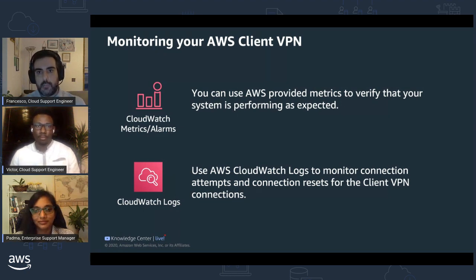AWS Client VPN, as with every other service, offers a full set of APIs, including an API for terminating connections or for adding or removing routes or access to specific groups. And again, depending on what this client has, you could verify with your system that he has the right level of compliance, and then terminate the access if he does not. It is a solution you will have to build using the APIs and the moving pieces, but it's not something that it supports natively out of the box.